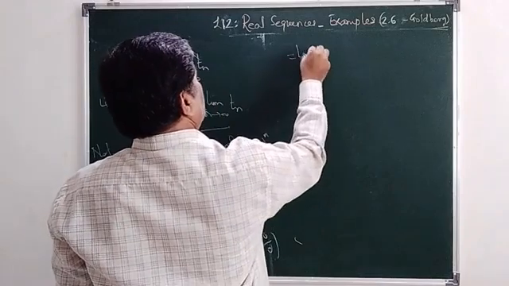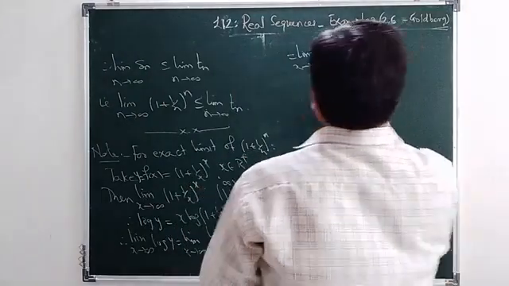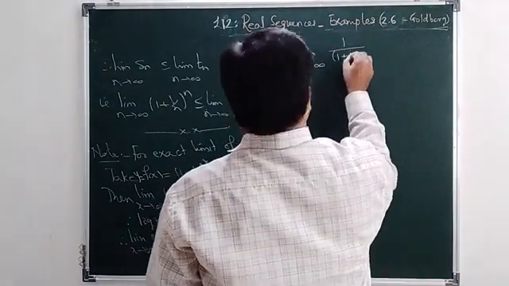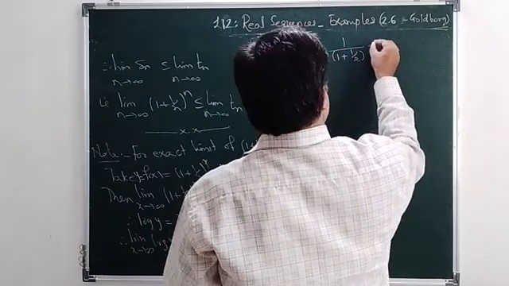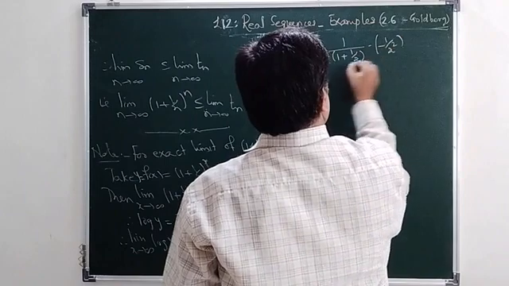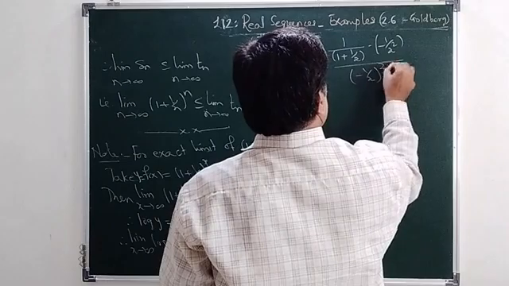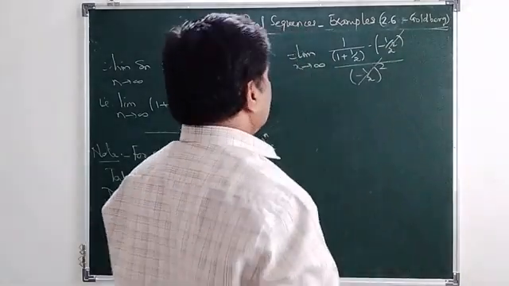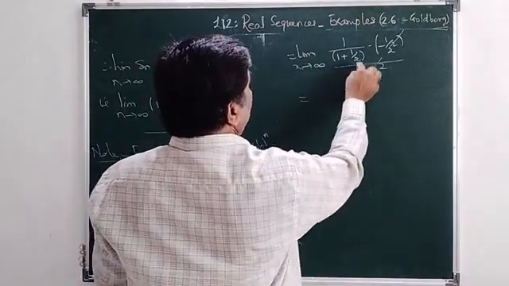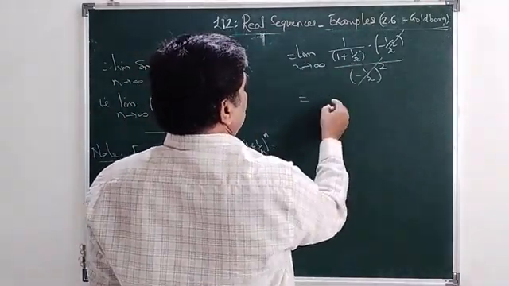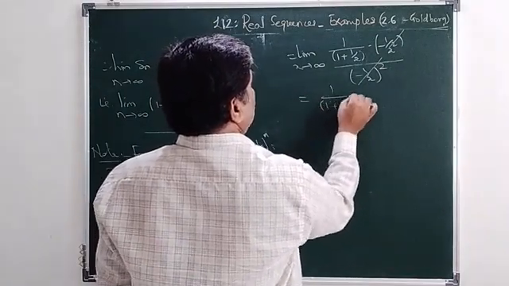So this is limit x tends to infinity of derivative of log of 1 plus 1 by x, which is nothing but 1 upon 1 plus 1 by x into derivative of 1 by x, that is minus 1 upon x square, upon derivative of denominator, minus 1 upon x square. This gets cancelled. And then as x tends to infinity 1 by x approaches 0, so we'll get 1 upon 1 plus 0, which is 1.